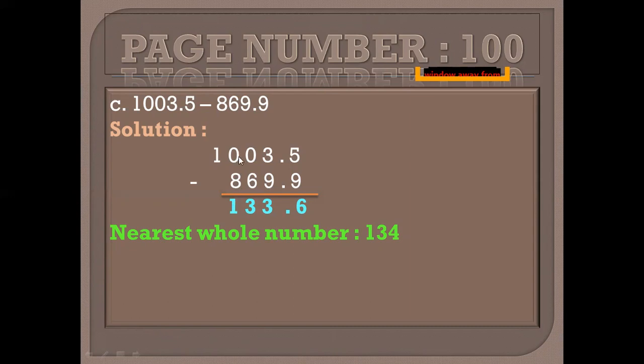And then 9 minus 8 is 1. So 133.6. You already know how to subtract the numbers. After subtracting 1003.5 minus 869.9 we get 133.6, and on the tenths place 6 is there, it means that the whole number 133 will increase by 1 and the answer becomes 134.